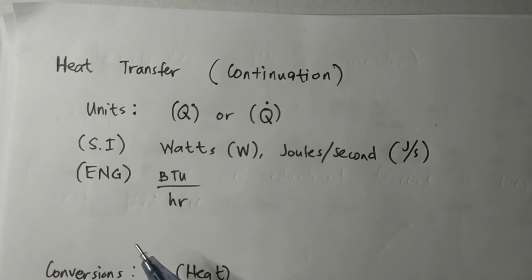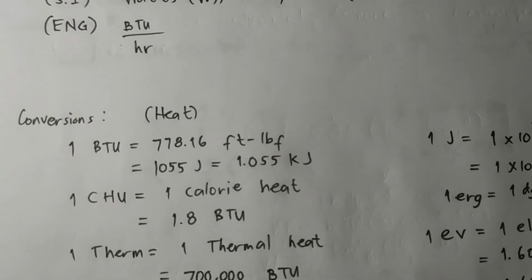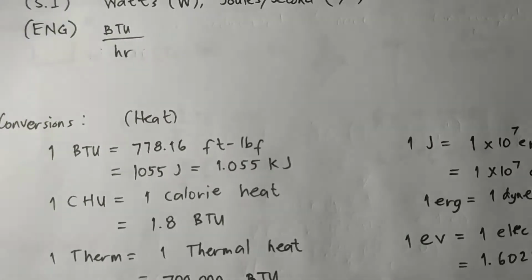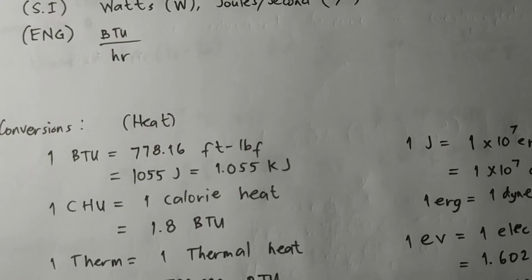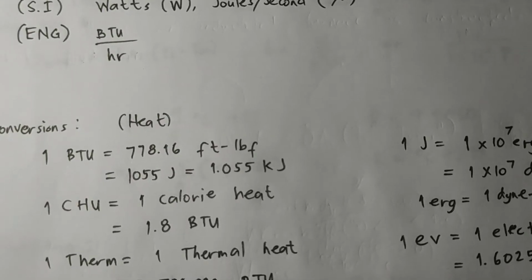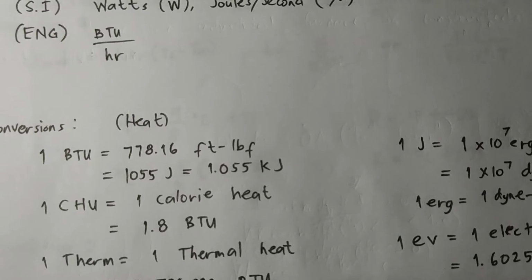So may mga conversions na binigay dito upang mas maunawaan natin kung paano gumamit ng conversion of units pagdating sa heat transfer, para di tayo malito sa pagka-cancel out ng mga variables and also pagka-cancel out ng mga units na nag-exist sa formula na ginamit natin sa heat transfer.